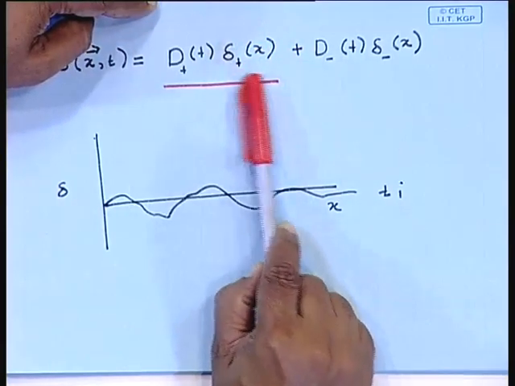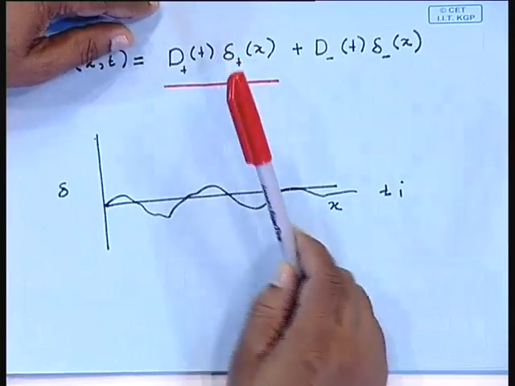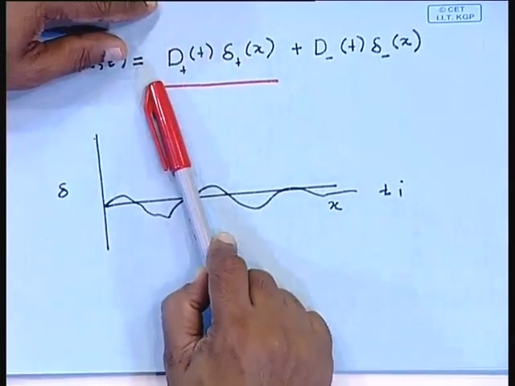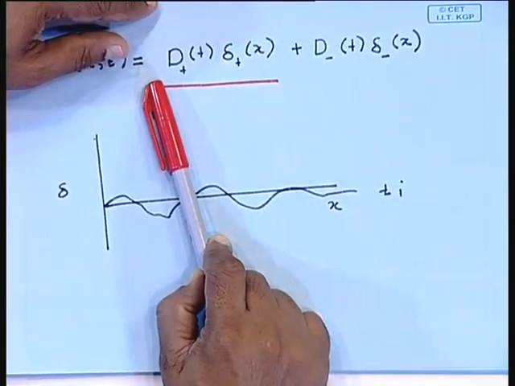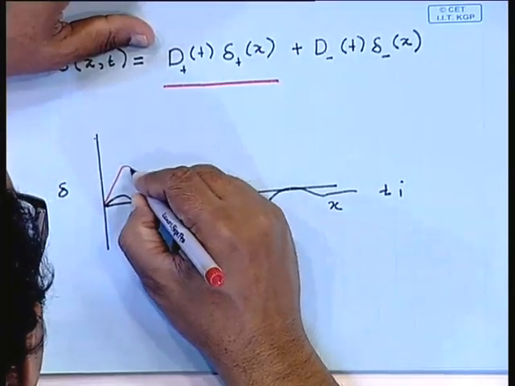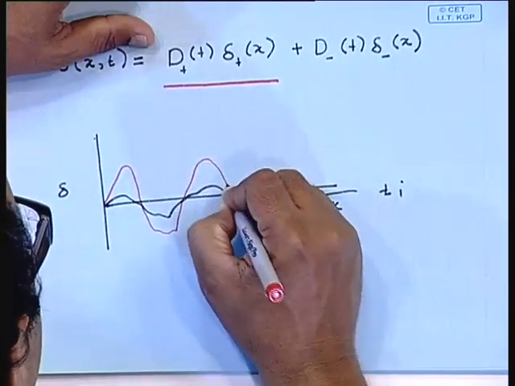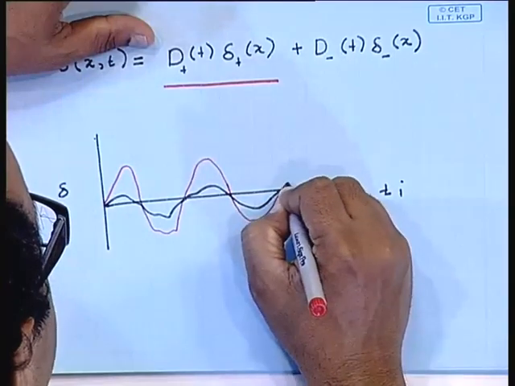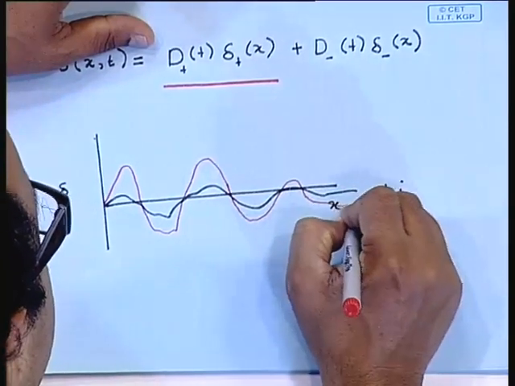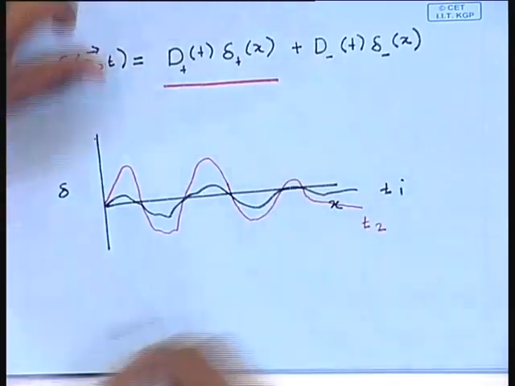The delta x, the spatial part, will be exactly the same. The only thing that would have happened at a later time is that this function here would have grown. Okay, and it will look the same, the same density fluctuations will look like this. The amplitude would have become larger. This is at some time T2.